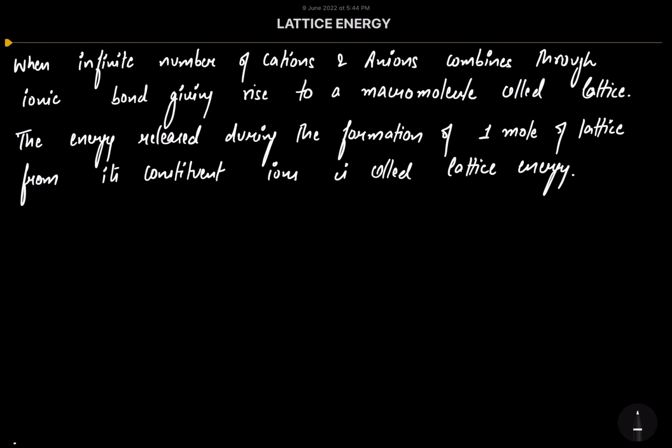Now let's talk about sodium chloride as an example. We all know the molecular formula, or the formula unit, of sodium chloride. It's NaCl. The NaCl is formed by the combination of sodium ion and the chloride ion.